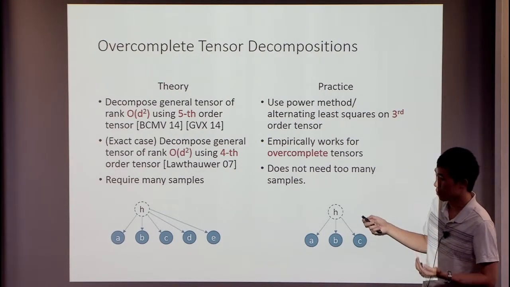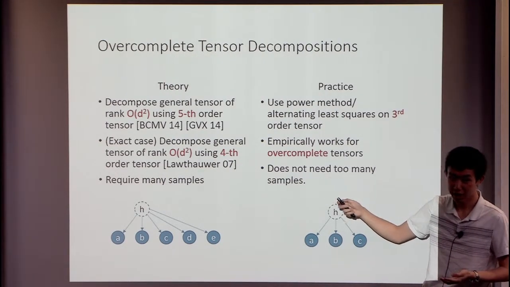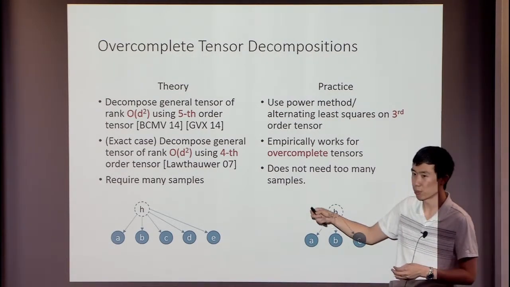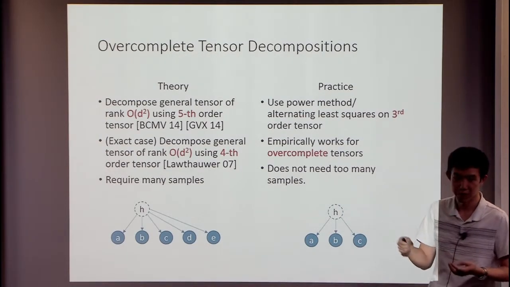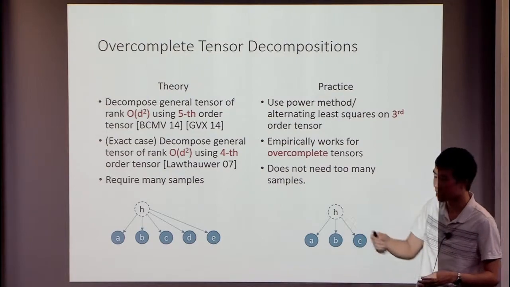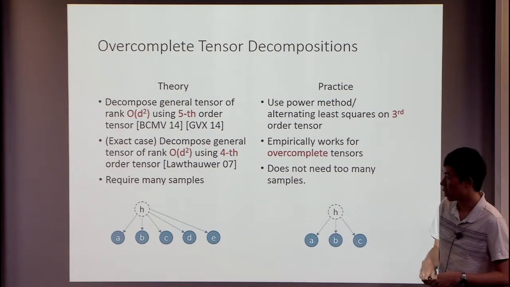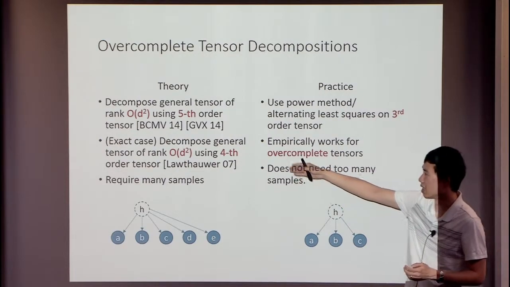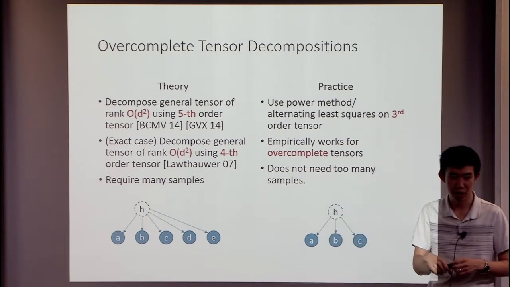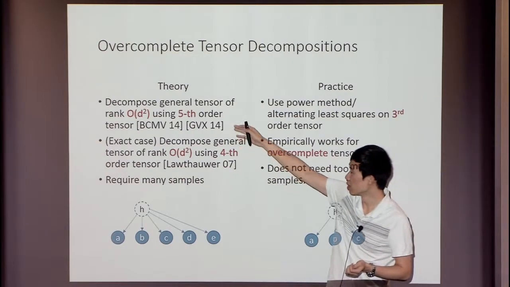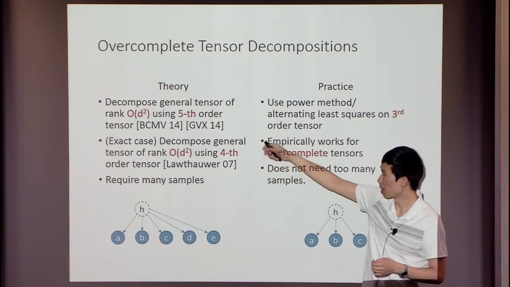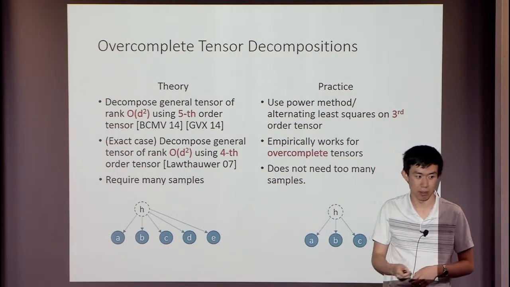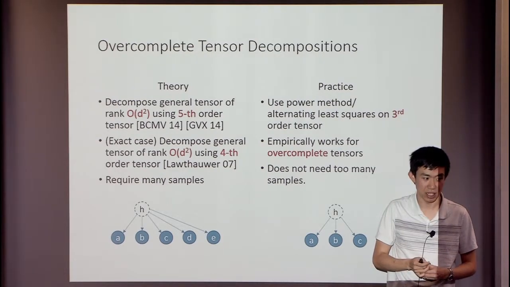So also, if we have the exact tensor, actually it's known that we can decompose a tensor in general position of rank order d squared using just a fourth order tensor, so we don't really need to go to the fifth order. But all these algorithms have sample complexity bounds. Although they require polynomially many samples, it is a large polynomial depending on the data.